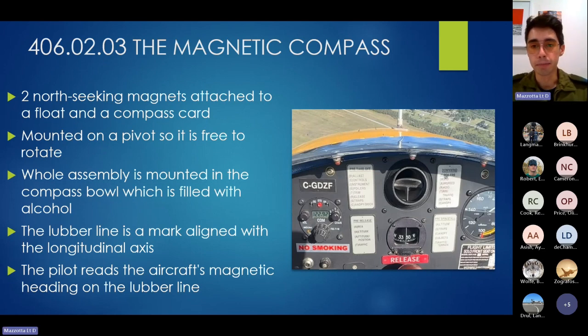It's very hard to read in a turn because the compass is moving. So always make sure that if you want to get the most accurate compass heading, you're flying straight and level, and trying not to accelerate or decelerate as well, because that can also cause some magnetic compass errors, which we will talk about shortly.